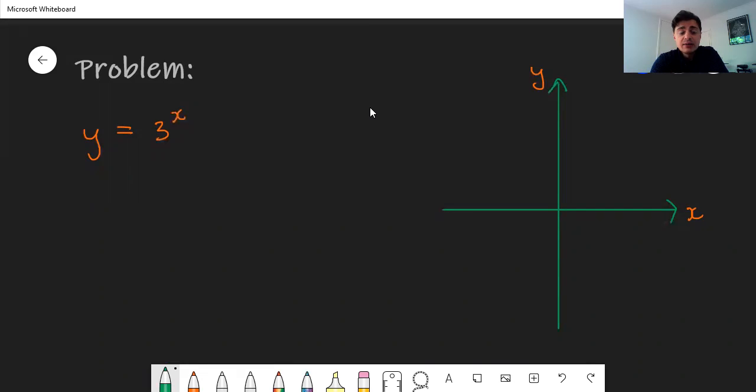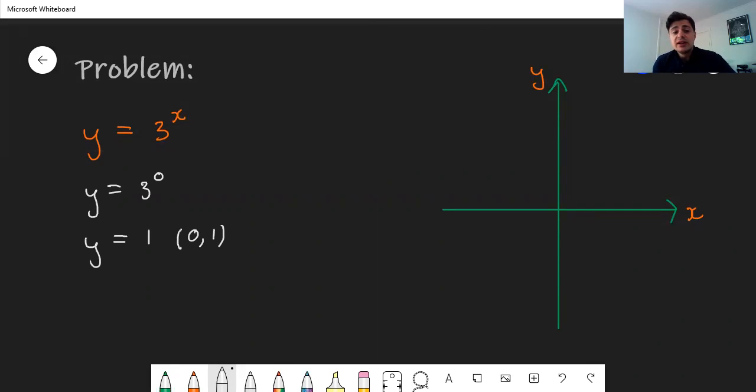That's always a good starting point. So I think we should try and do this and see what happens. Let's say we will let x equal 0 to try and find the y-intercept. So y is equal to 3 to the power of 0, and anything to the power of 0 is equal to 1. So our first coordinate that we can plot is (0, 1).